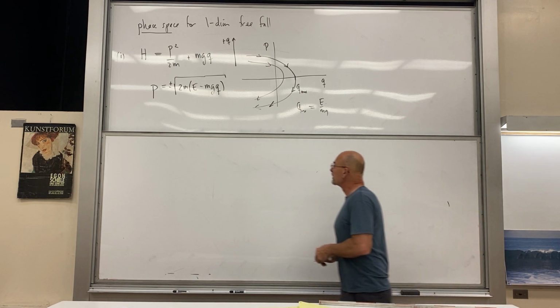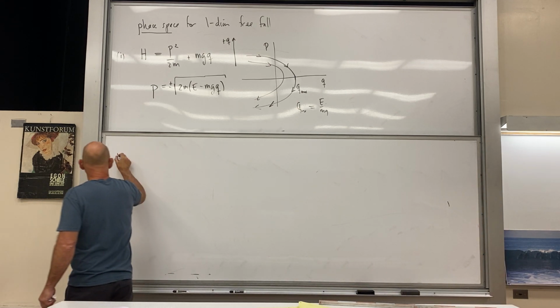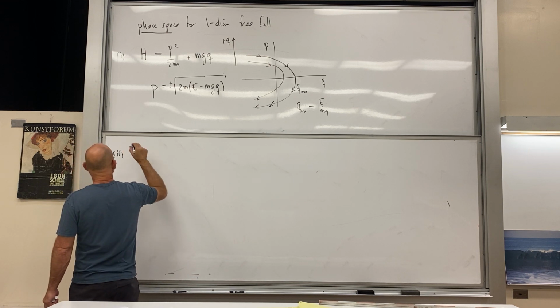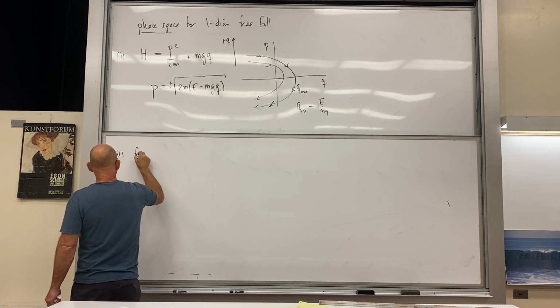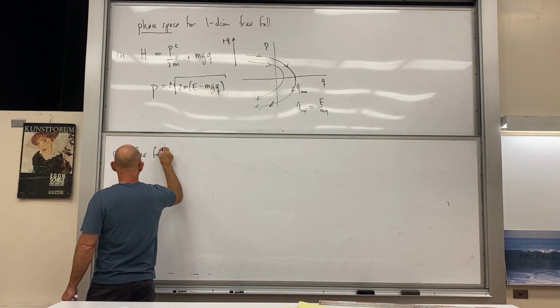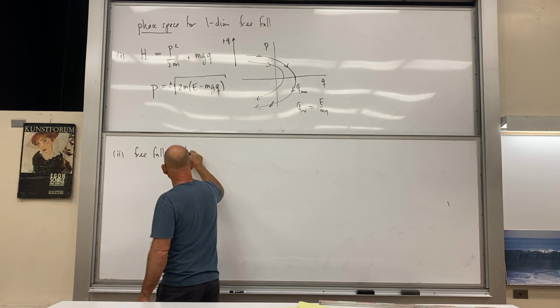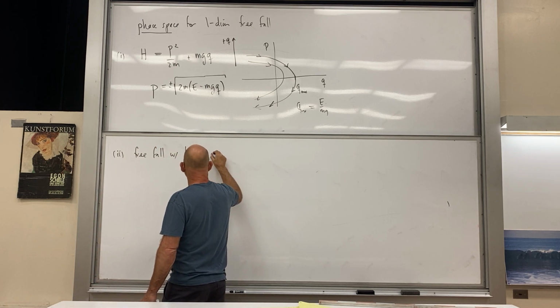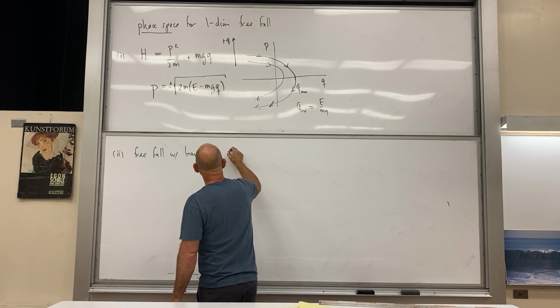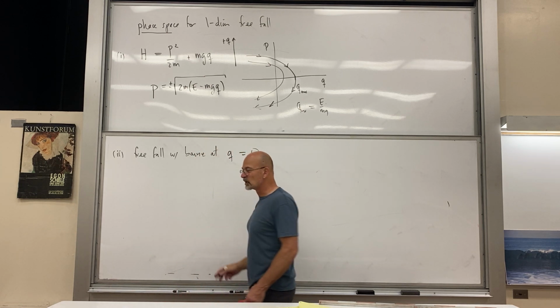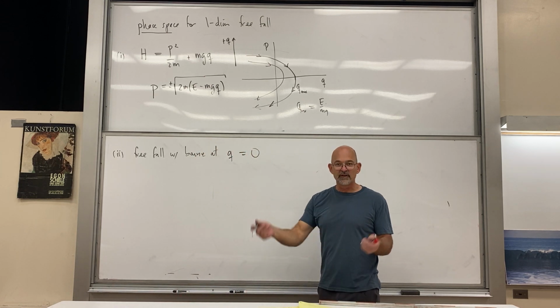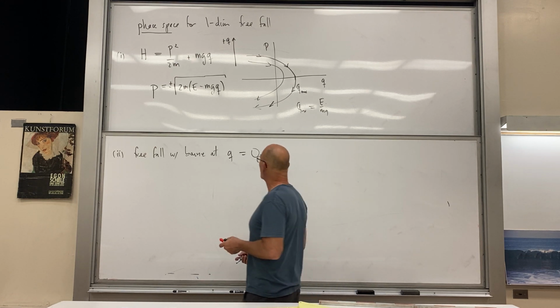So what we're going to do is let free fall with a bounce at Q equals 0. The origin on the floor, we have an ideal ball that can just bounce up and down, no losses.